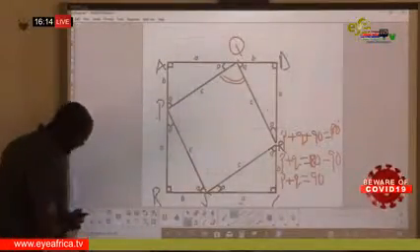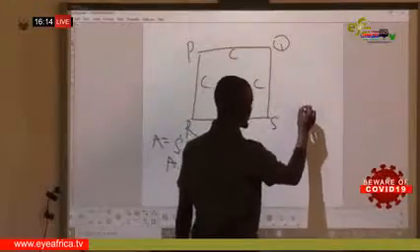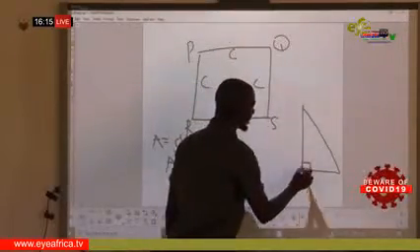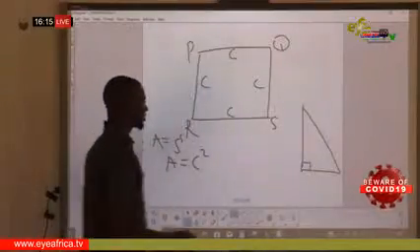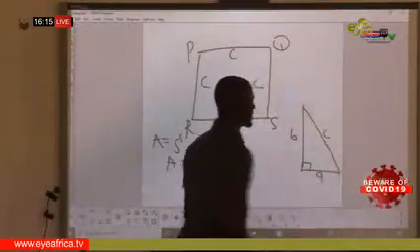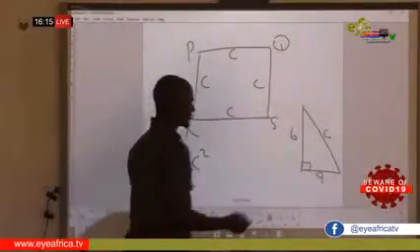Now if you go to find this, if we have the right angle triangle, let's say one of them, we find the area of the right angle triangle. This is B, A, and C. How do you find the area of a right angle triangle?